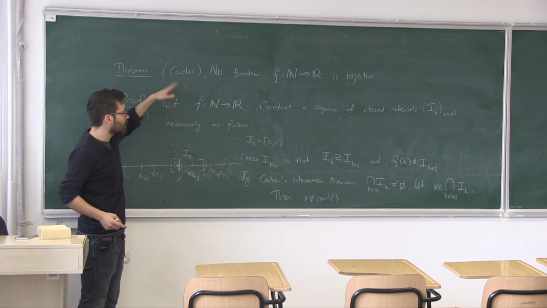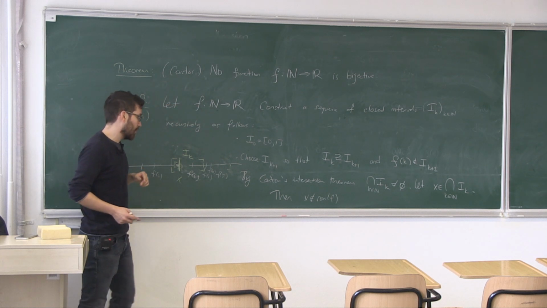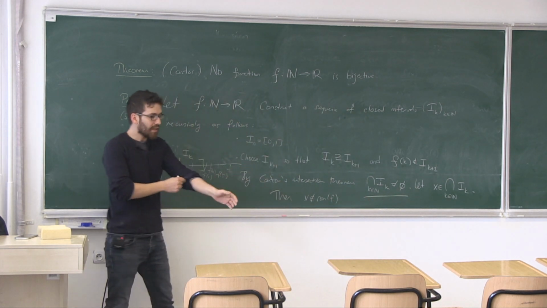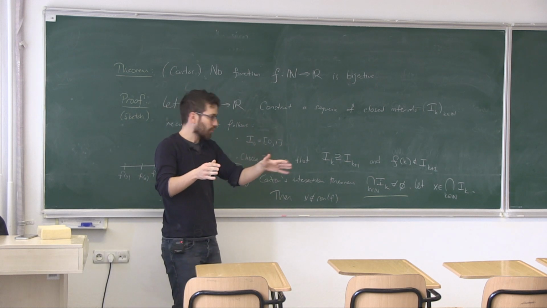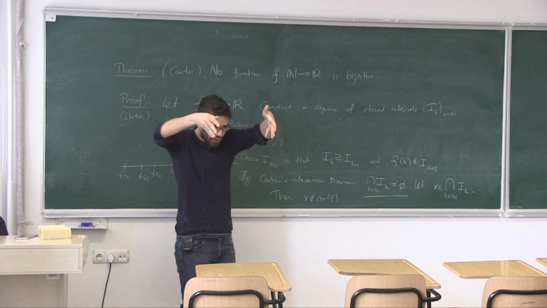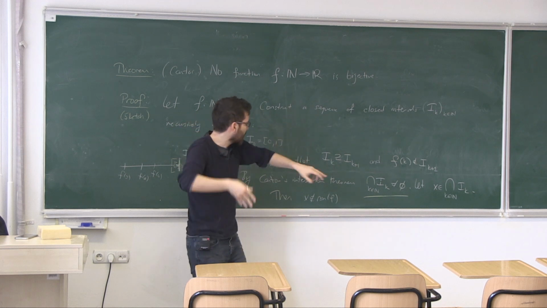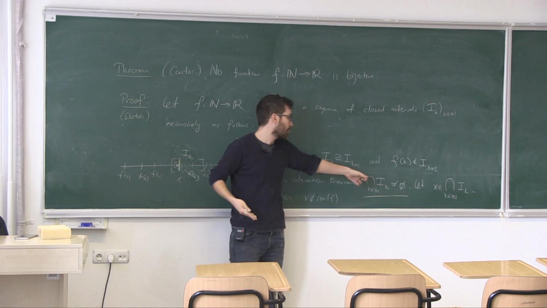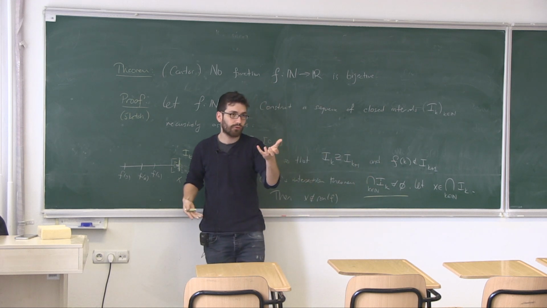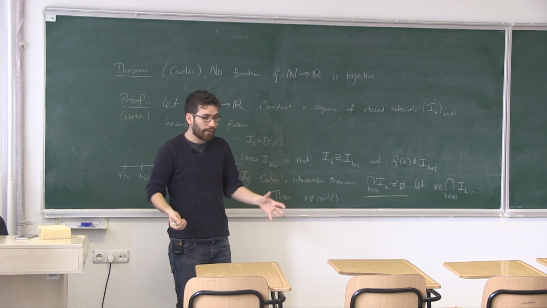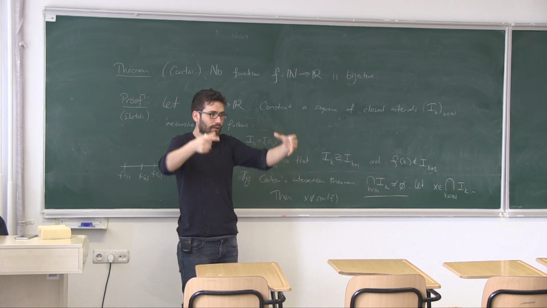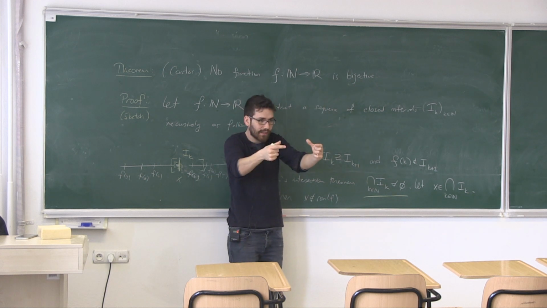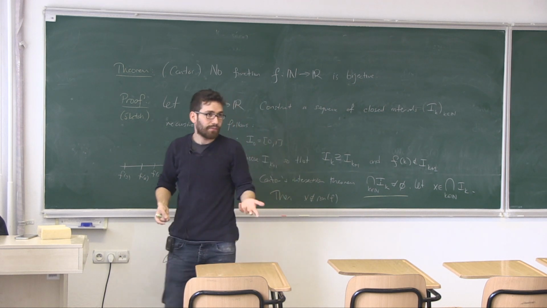Now this is the first diagonal argument Cantor came up with. It uses some topological fact, namely that if you have closed intervals on the real line which are nested, sitting inside each other, then their intersection cannot be empty. This actually follows from a more general topological fact: if you have a Hausdorff space and nested compact sets living in each other, their intersection cannot be empty, okay?